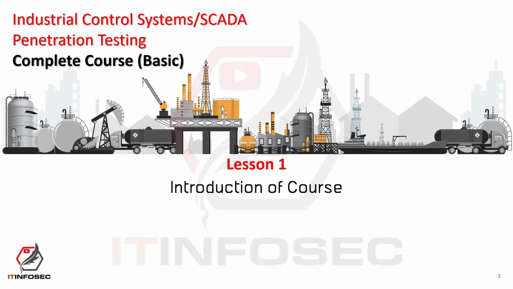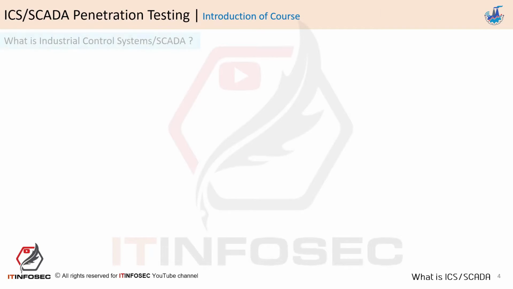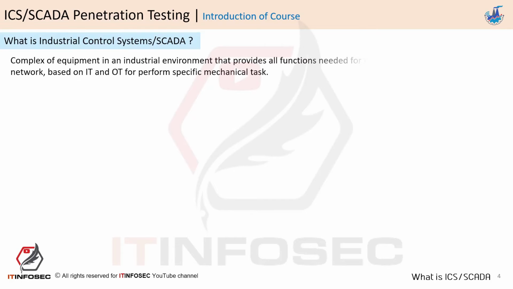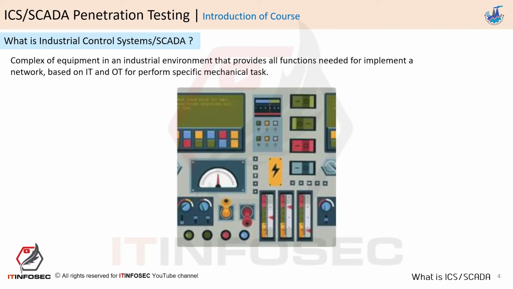But what are industrial networks, ICS and SCADA? This lesson is lesson 1, the introduction of this course. What is SCADA or ICS? The ICS is a complex of equipment in an industrial environment that provides all the functions needed to implement a network based on IT and OT.